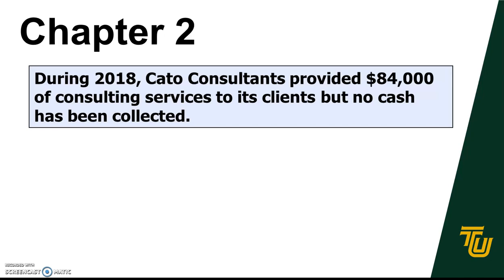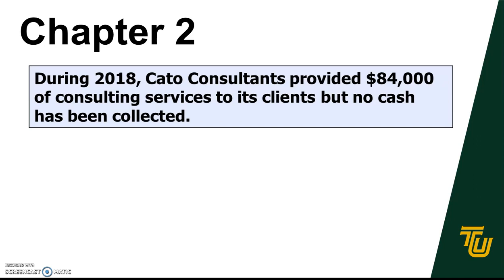Whenever we have revenue, remember we want to go right to our retained earnings. Our income is increasing. We have revenue. Let's start there. Let's add $84,000 to our retained earnings account. What else is being impacted? In Chapter 1, we always had cash. Here in Chapter 2, we don't have cash. How are we going to get this transaction to balance out?